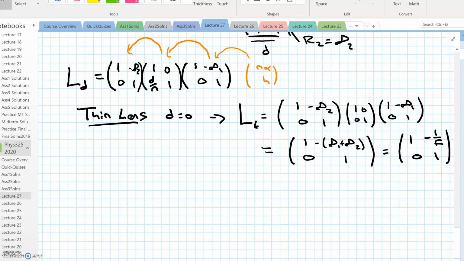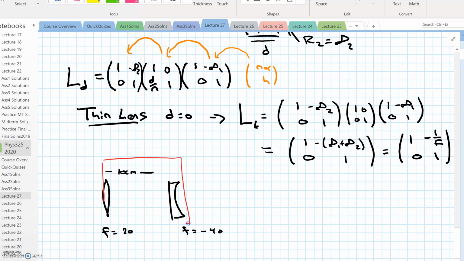And that's great. So, for example, let's suppose we have something like this, and we want to put in a ray. Let's look at this as an optical system here that corresponds to some M. Well, that's going to merely be the lens matrix corresponding to negative 40, times 10 centimeters.